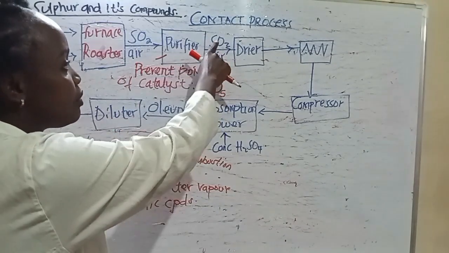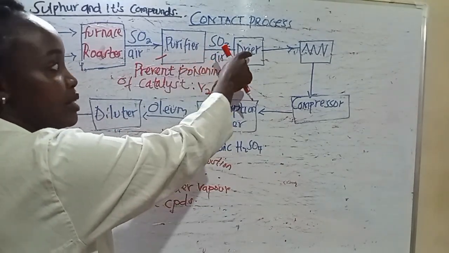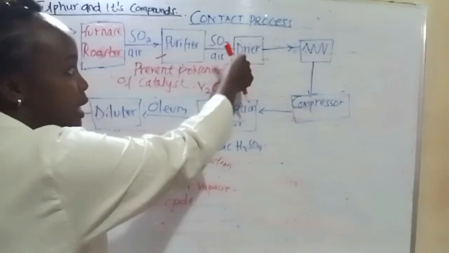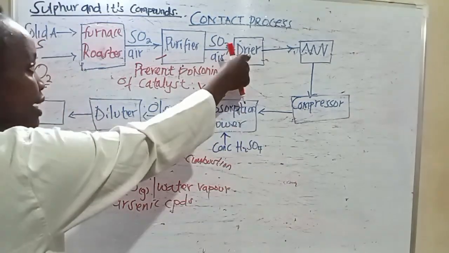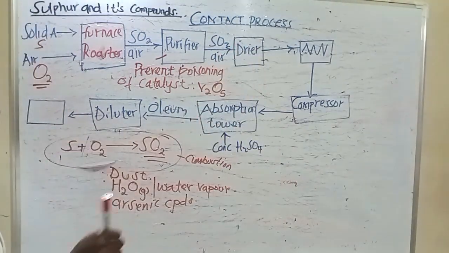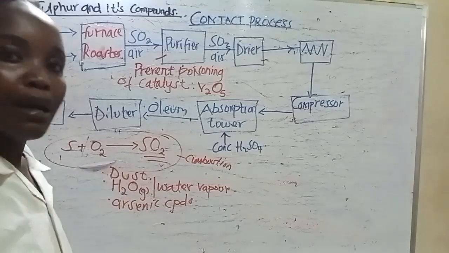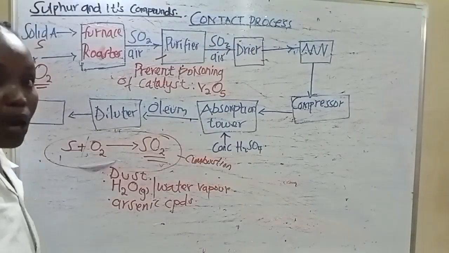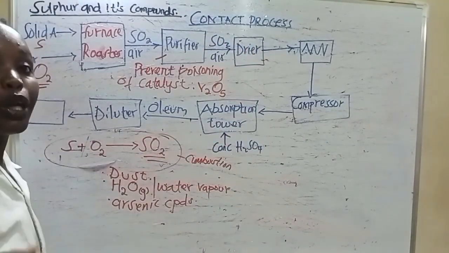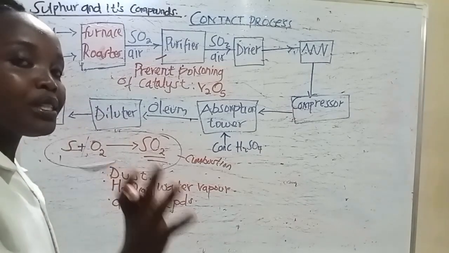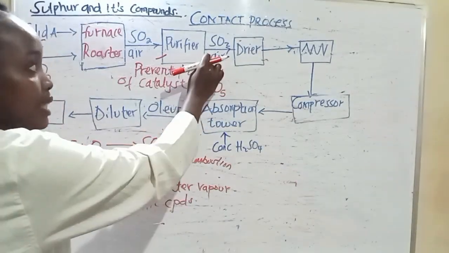So we take our sulfur oxide and air that is going to be passed through the dryer. Now in the dryer we are going to do what? Dryer means you're drying something. So this is a drying tower, and in our drying tower we absorb the remaining water vapor that is in the air.